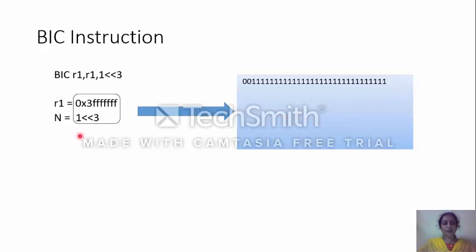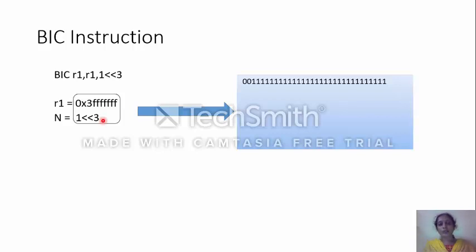Then 1 left shifted by 3 means the fourth bit from the right hand side will be 1. The rest of the bits will be 0. Only one bit will be 1, and that is bit number 3, that is bit 0, bit 1, bit 2 and bit 3.